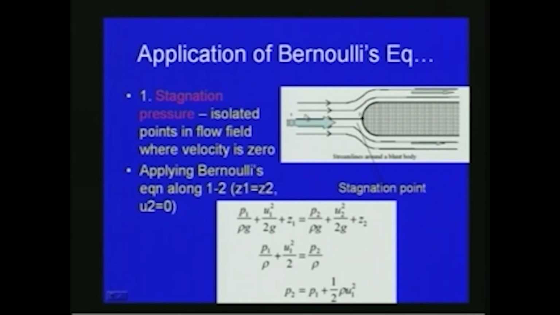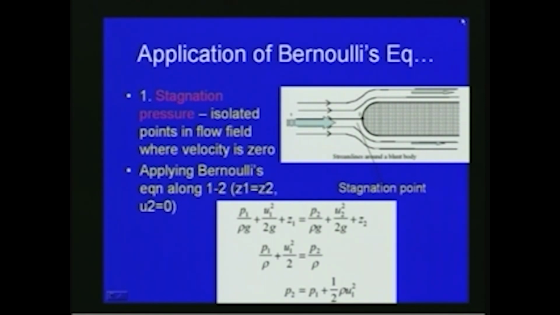Now, by considering the flow at section 1 and section 2, between these two sections, if we apply Bernoulli's equation along a streamline from 1 to 2, we can write, since the datum is horizontal and the flow is horizontal, Z1 is equal to Z2.